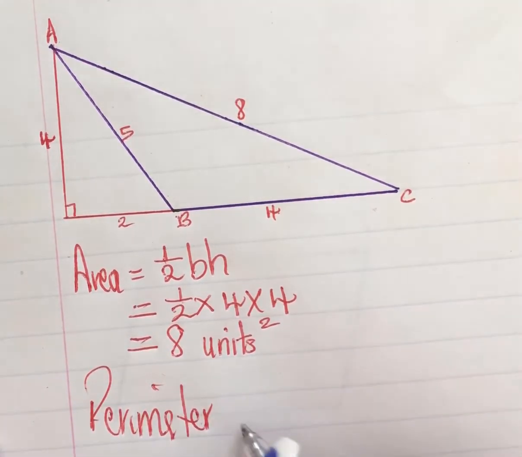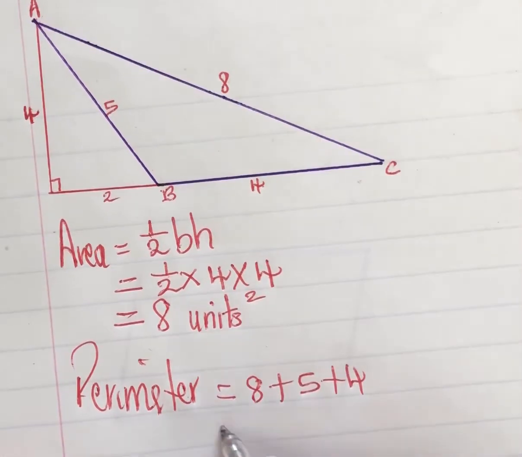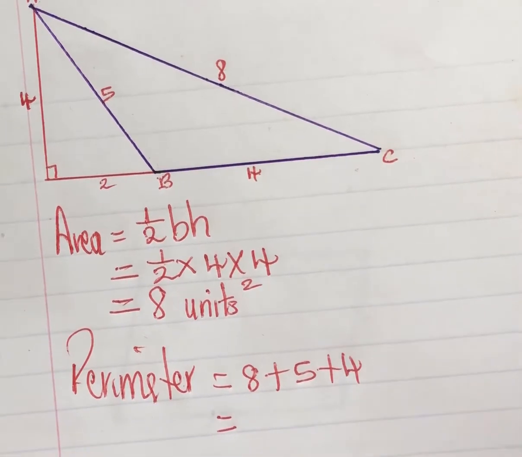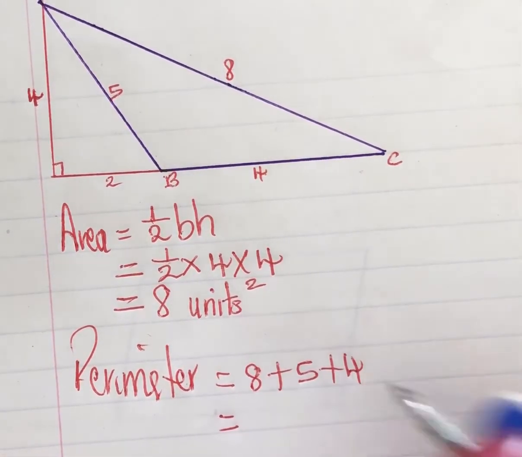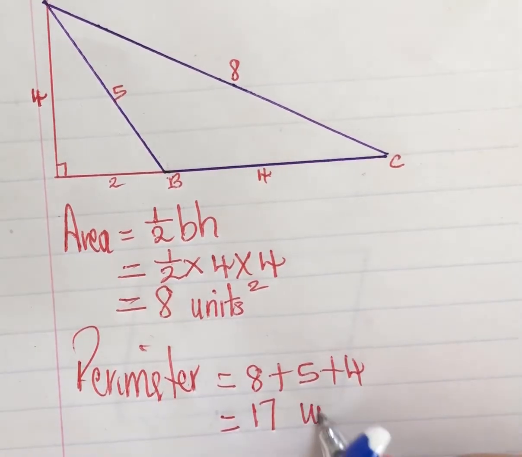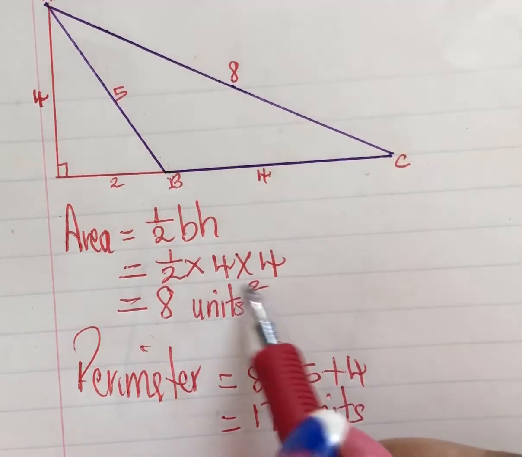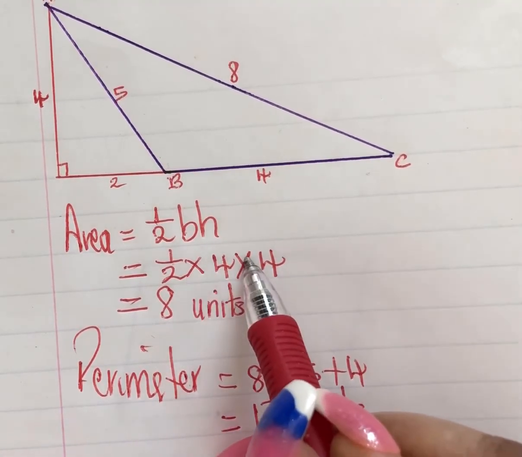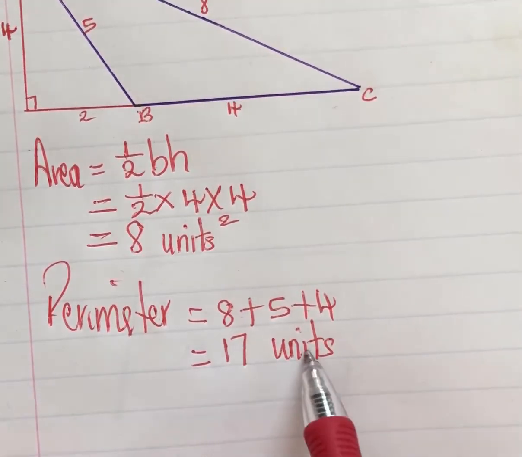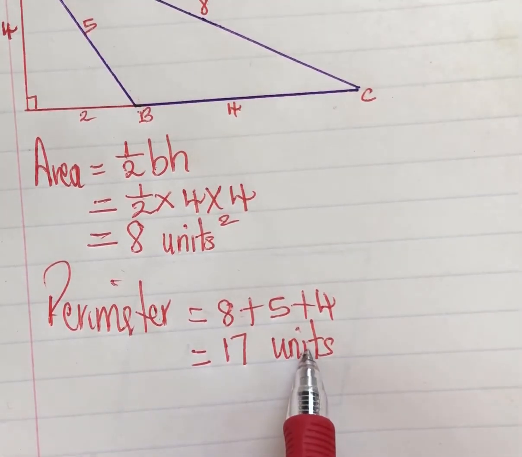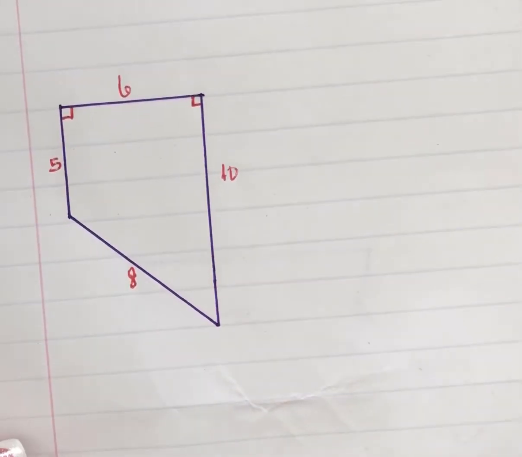So my perimeter is equal to 8 plus 5 plus 4. 8 plus 5 is 13. 13 plus 4 is 17 units. Remember, we only square when we are multiplying, but when we are adding, it will be units. Okay, is that clear? Let us look at another question.